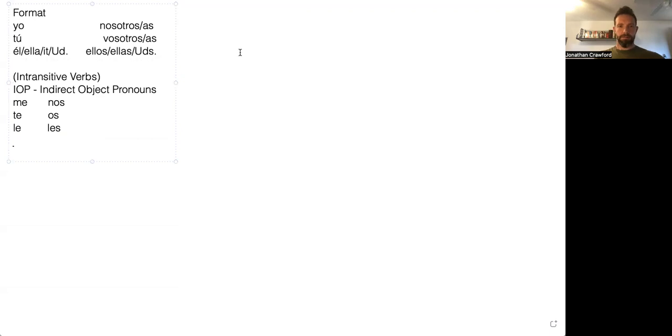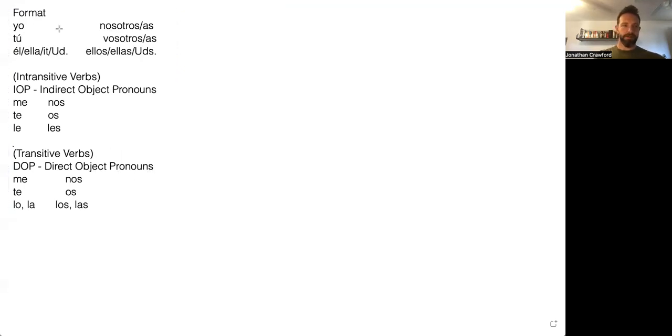So then we also have transitive verbs. And what kind of pronouns do we use with transitive verbs? Direct object pronouns. So we have indirect object pronouns and direct object pronouns. And you'll notice some overlap with these, right?